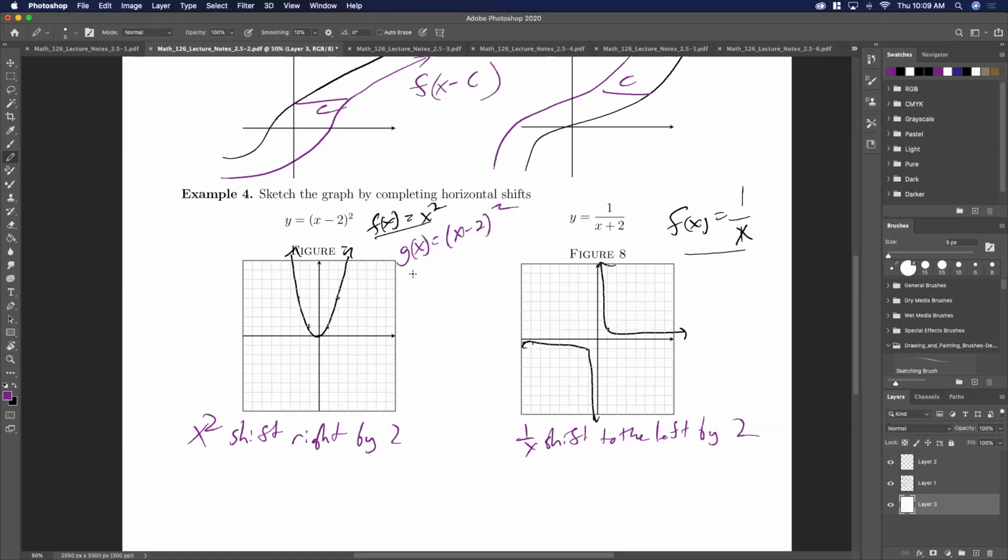When I plug in g of 0, this is equal to negative 2 squared. If I plug in g of 1, this is negative 1 squared. If I plug in g of 2, this looks like 0 squared. And if I plug in g of 3, this ends up being 1 squared.